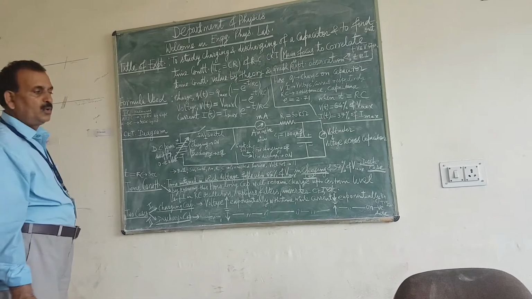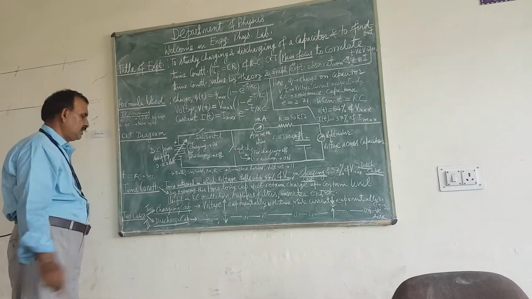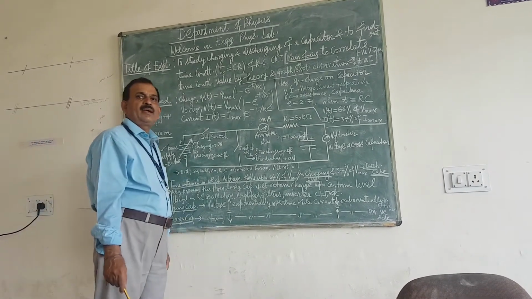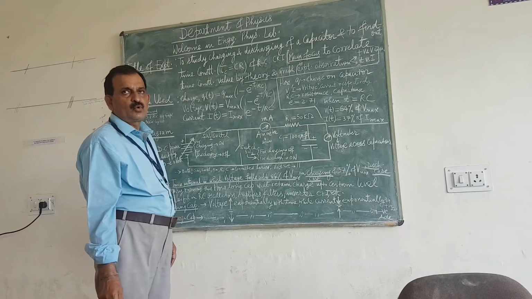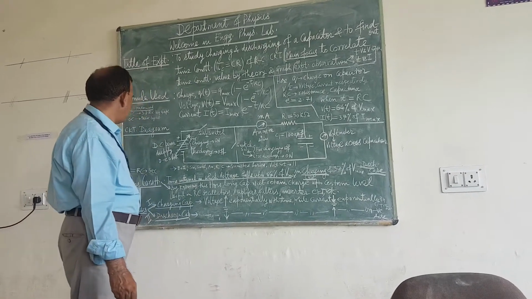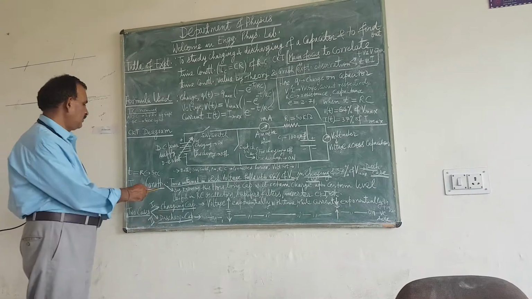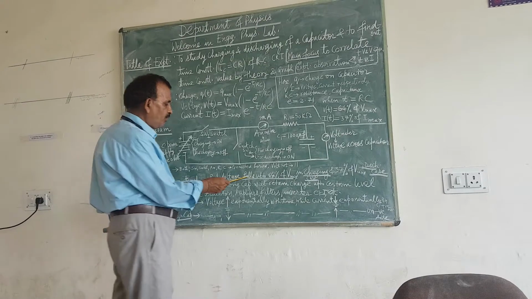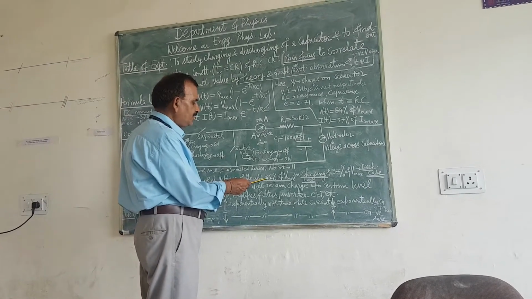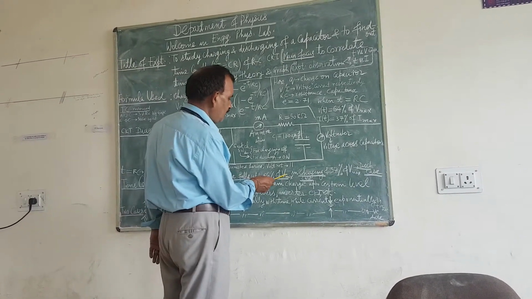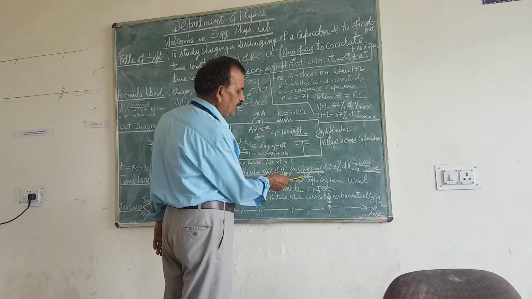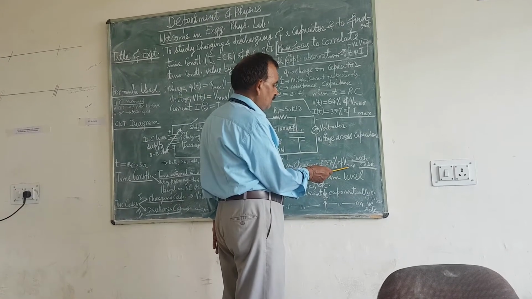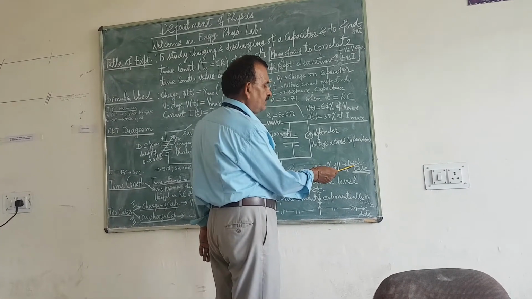Now we are going to define what the time constant is. First of all, the capacitor acts as a charge storing device. The time constant is the time interval in which the voltage in the capacitor reaches 64% of the maximum value in the charging case and falls to 37% of the maximum voltage in the discharging case.